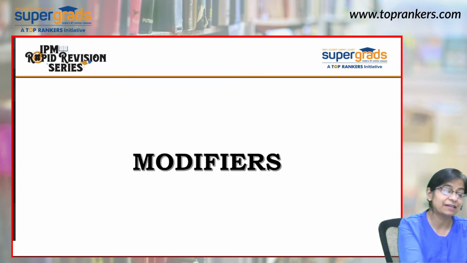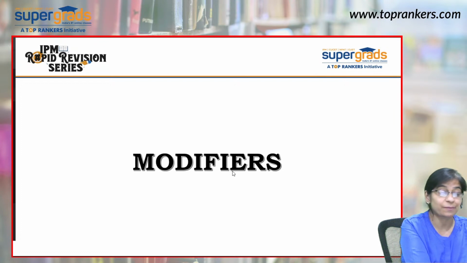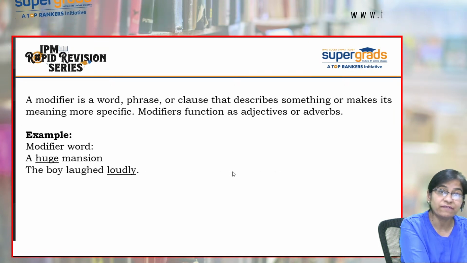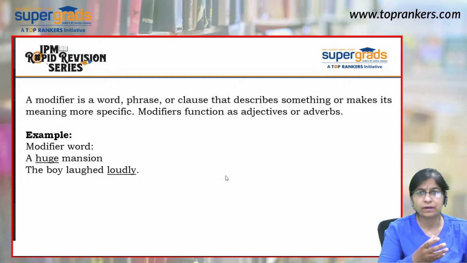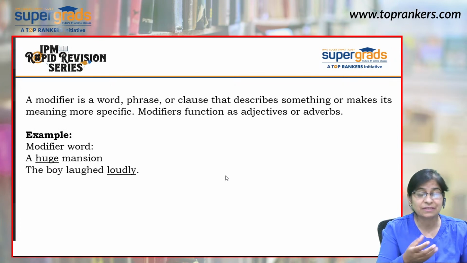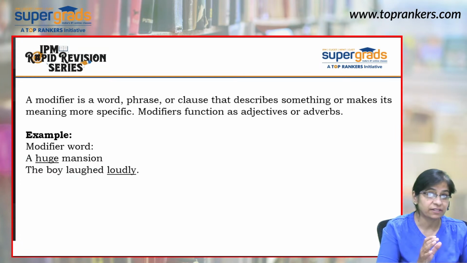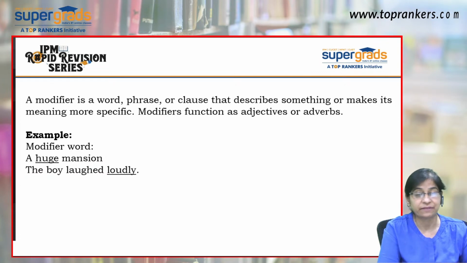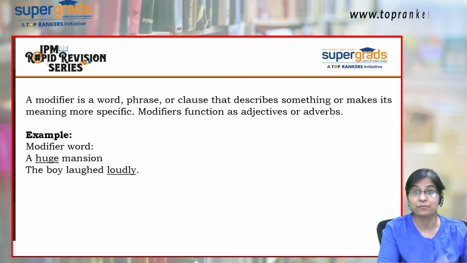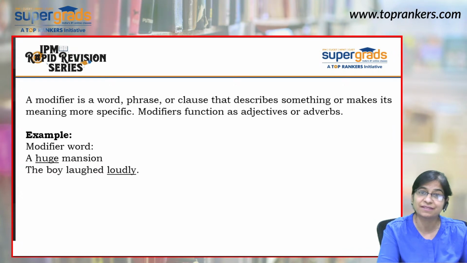Let's have a look. So, to begin with, what is a modifier? Well, a modifier is essentially a word, a phrase, a clause, anything that describes something or makes its meaning more specific. Modifiers generally function as an adjective or an adverb in a sentence. Now, for example, I say a mansion.